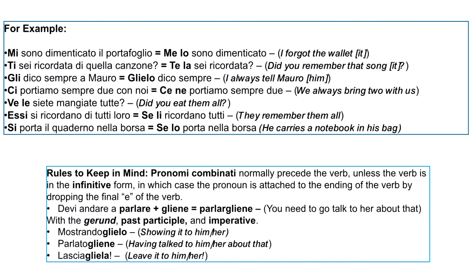This is parlare e gliene. Now this is a typo. This should read parlargliene. Parlargliene. Okay? And the last one, lasciagliela.